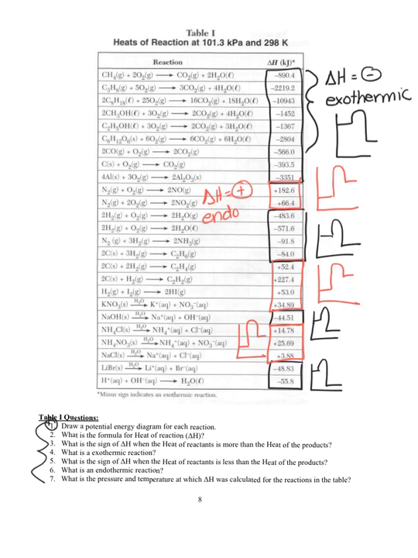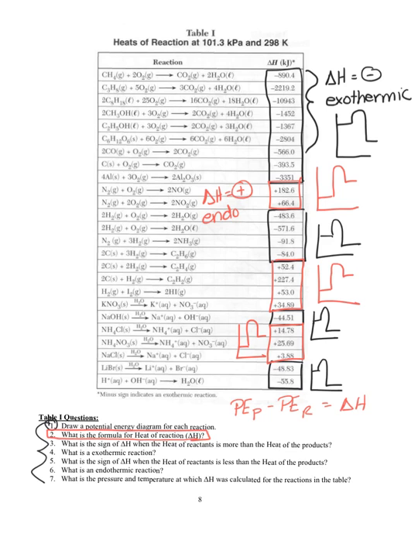Number 2 says, what is the formula for the heat of reaction? If you don't remember that, it's in the last potential energy diagram video that I did, and that is potential energy of the products minus potential energy of the reactants equals the delta H. Okay, it's always the product side, which is this side, minus the reactant side, which is this side right here.